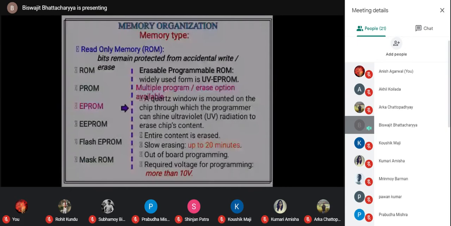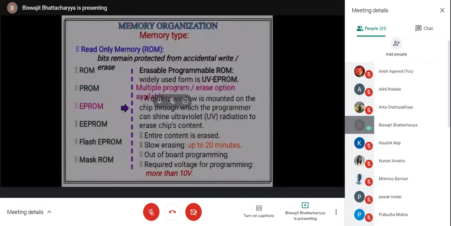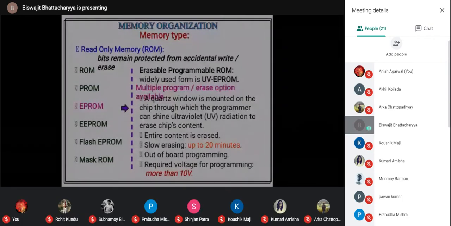Another difficulty is that, once we want to reprogram the memory, we have to take the memory out of the application board where it normally remains connected. It has to be taken out of the board and connected to a programming unit, which has a provision for generating ultraviolet ray to erase all the content.